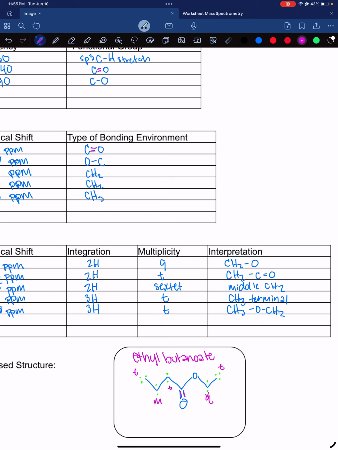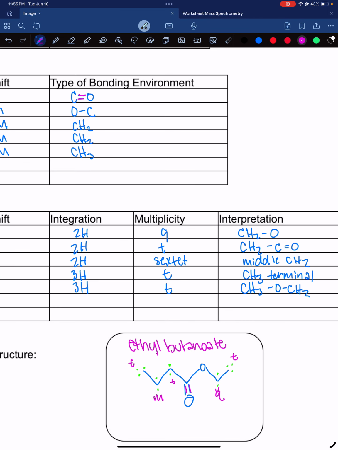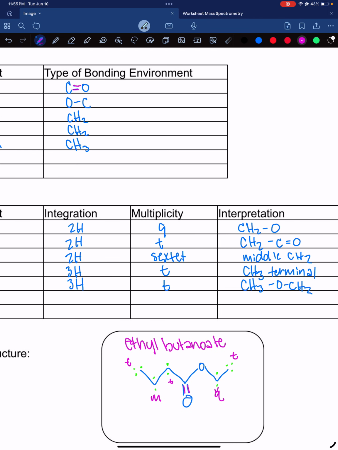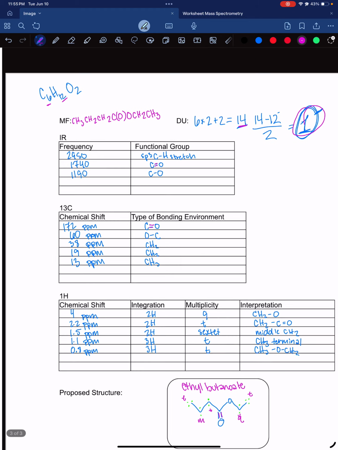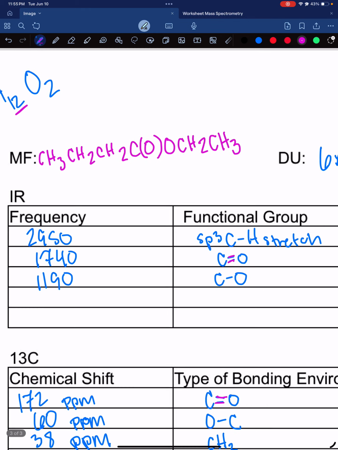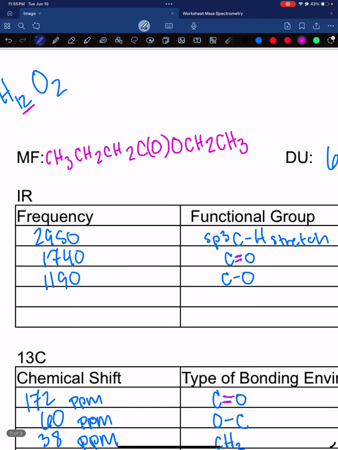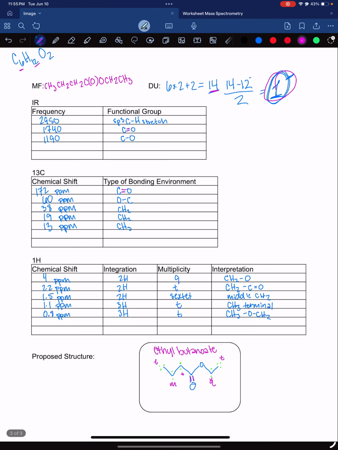And if it's a triplet, then you know it's with a CH2, and it's very easy to figure out. And that's how I came up with this structure where I got the ethyl butanoate. And then my molecular formula is CH3, CH2, CH2, C, O in parentheses, that's my carbonyl there, bonded to O, CH2, CH3. All right, thank you.